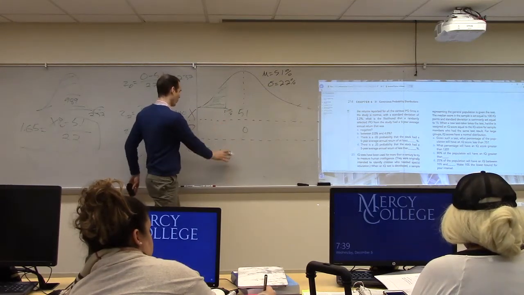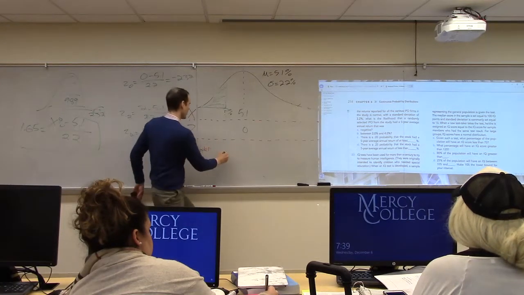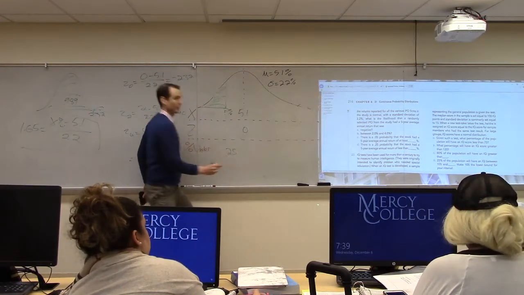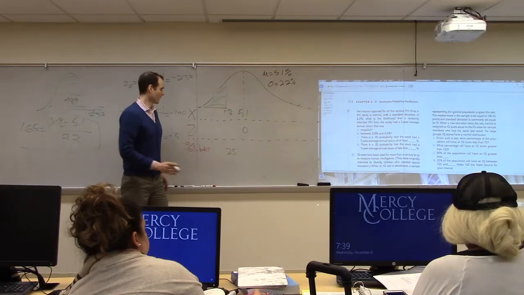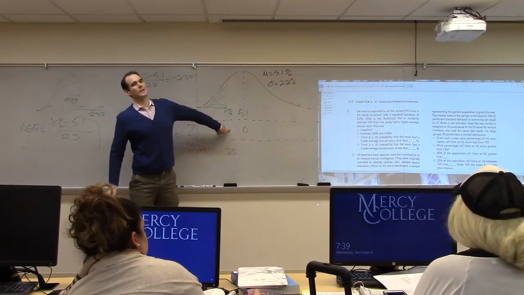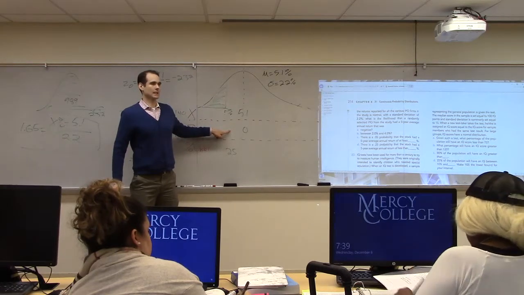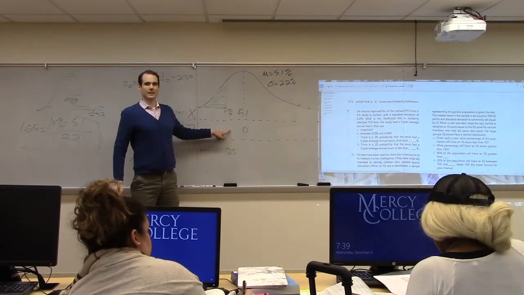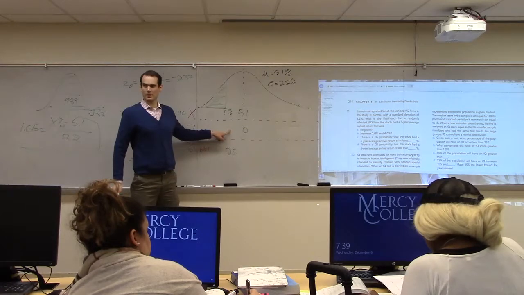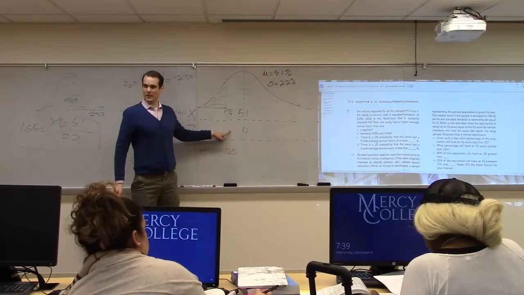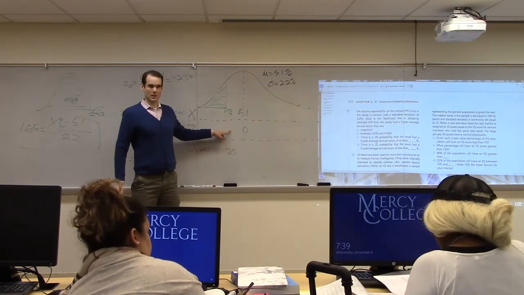Okay, we know the area under the curve is 25%. What z-value has 25% of the data below it? 0.68? I think it's going to be a negative z-score. Yeah, that's what I'm trying to figure out.